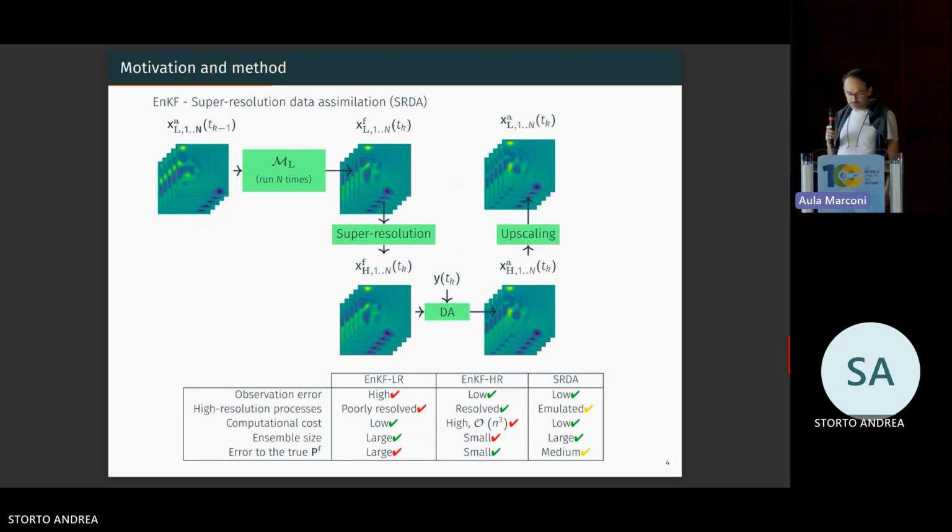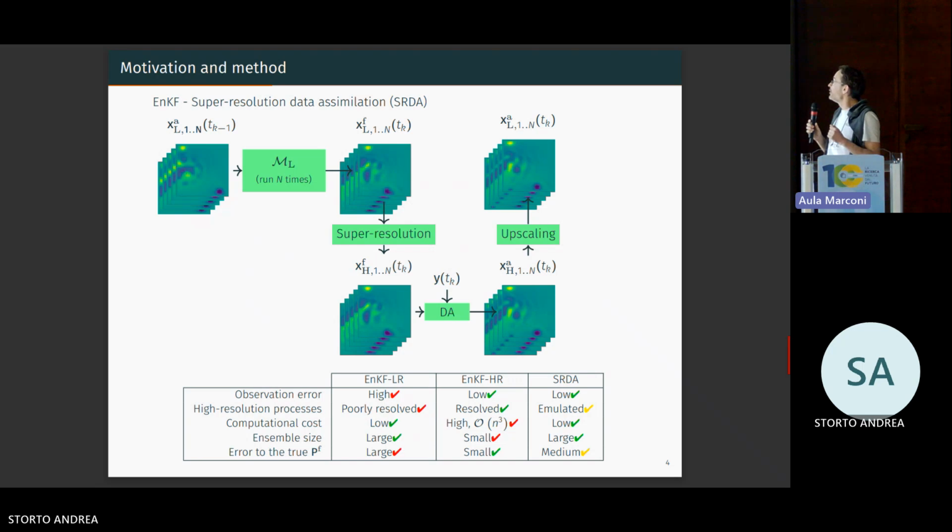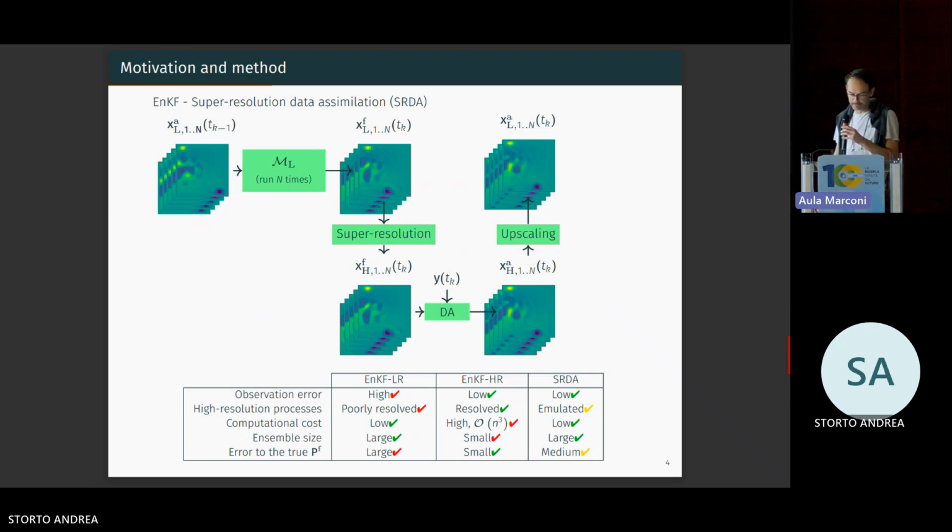One proposed solution is what we have called super resolution data assimilation, which we call SRDA. In this case, the forecast is in low resolution. Before the data assimilation step, we perform a super resolution step that consists in downscaling the low-resolution members to the high-resolution space. We perform data assimilation in the high-resolution space, and after the data assimilation step, the members are upscaled back to the low-resolution grid.